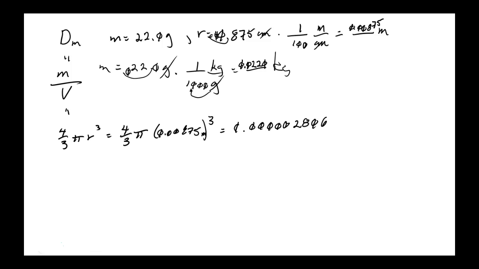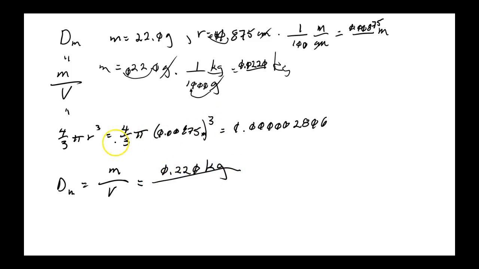Okay? Now, your density, mass density then, is your mass per unit volume. This was your volume. So your mass was 0.220 kilograms, right?